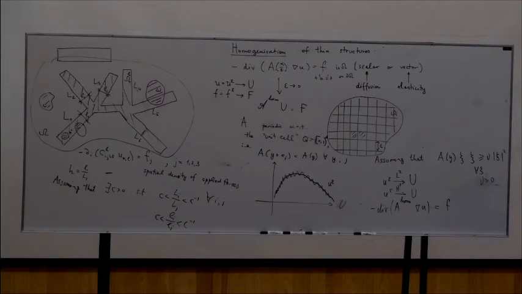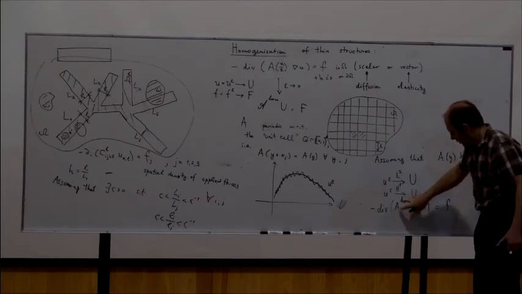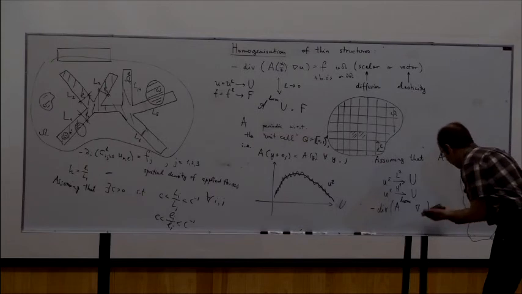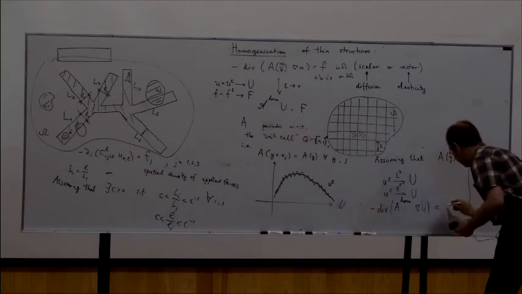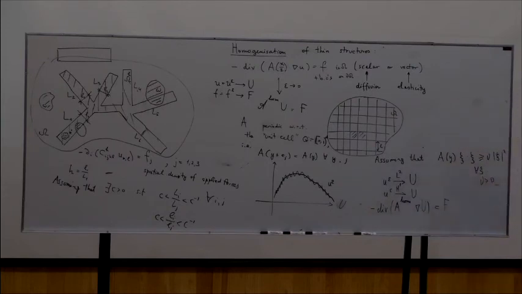The only justification for the actual word homogenization is that you anticipate that the limit function will satisfy an equation with homogeneous constant coefficients, right? So that's where the word homogenization comes from.